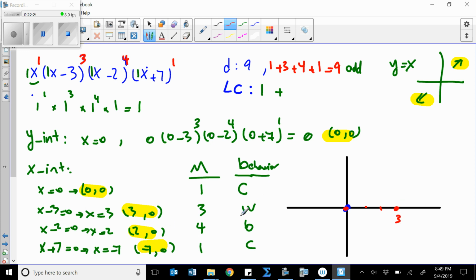The other one is (2, 0) here. And the last one is (negative 7, 0). Let's say negative 7 is here. Now we are ready to graph the function. We know that the end behavior is looking this way. So it's going to be this way here and this way here.